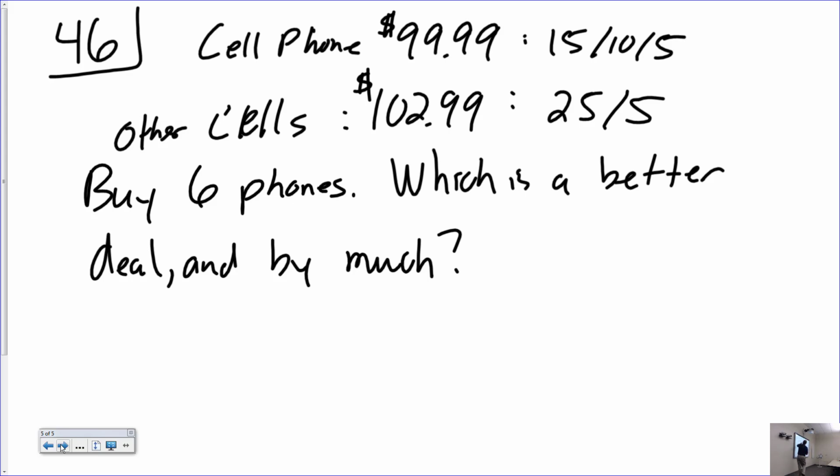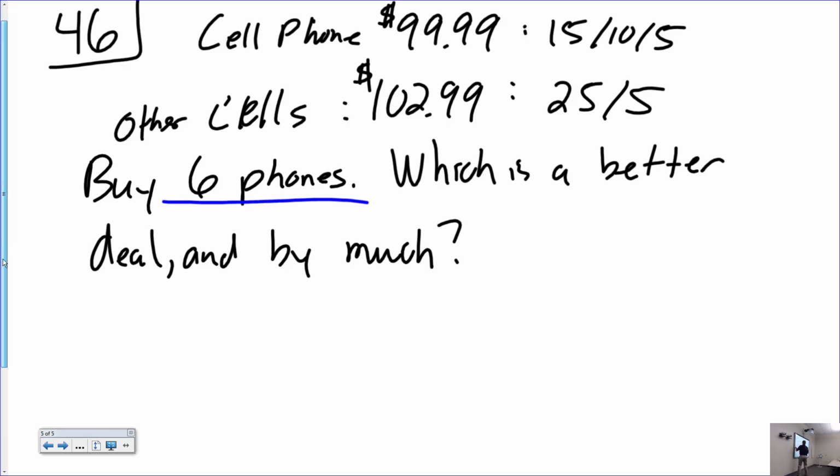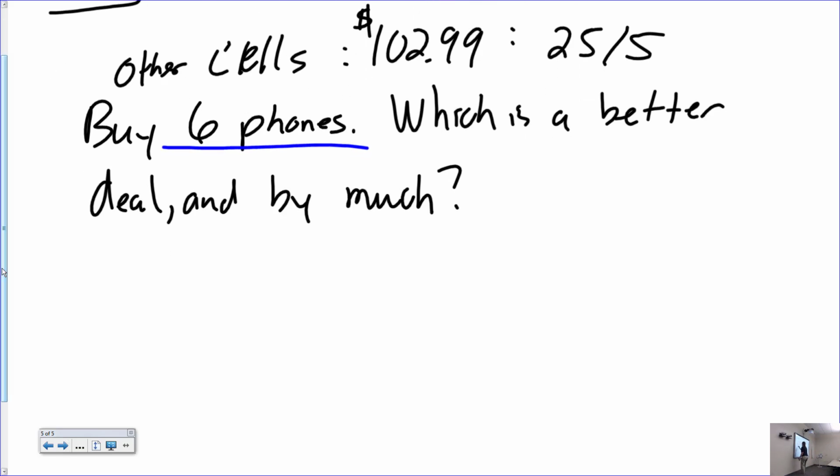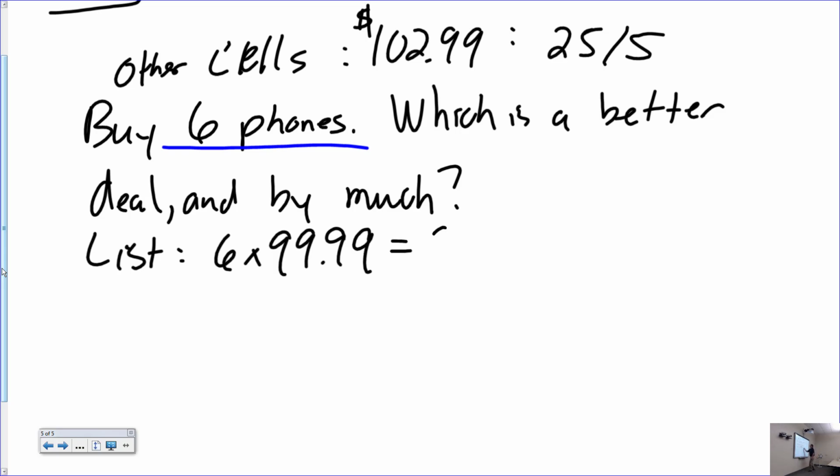All right, so folks, how are we going to handle this problem? First thing to do is to realize, do not do this on a per phone basis. Do it as a full invoice problem, right? So you need to create a list price for both deals. List 6 times $99.99. What is that? $599.94.